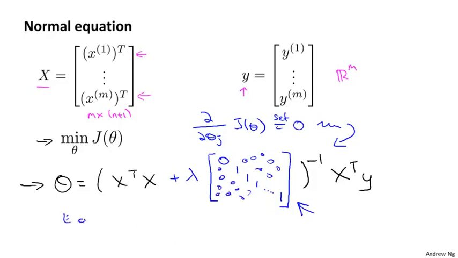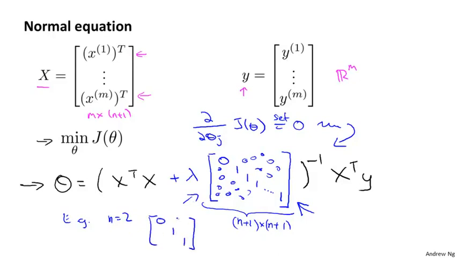As a concrete example, if n equals 2, then this matrix is a 3 by 3 matrix. More generally, this matrix is an n plus 1 by n plus 1 dimensional matrix. So if n equals 2, it would be 0, and then 1's on the diagonal, and 0's on the off-diagonals.